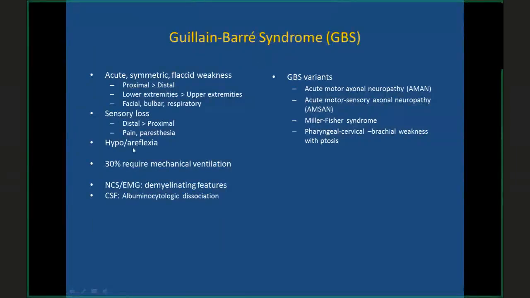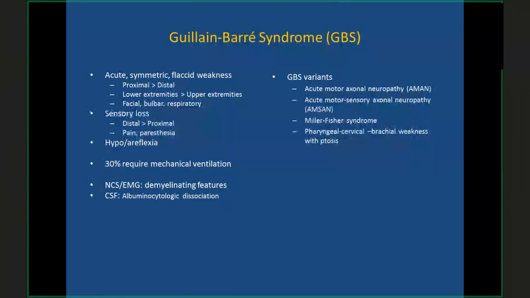When you examine the patients, the reflexes are usually decreased, or you cannot get any reflexes. About 30% of patients need an ICU admission and eventually intubation and mechanical ventilation.